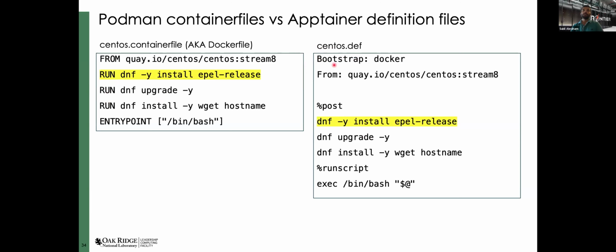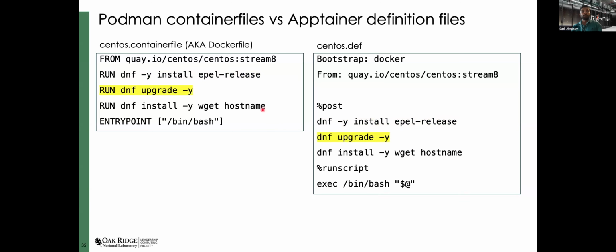Whereas with Apptainer, they are instead divided up into sections. Under each section, you can perform certain tasks. For %post, for example, you're performing the same things that RUN is doing. And what it's doing here is that in the process of building the container, it is installing epel-release. It is performing the upgrade, and then it's installing wget and hostname.